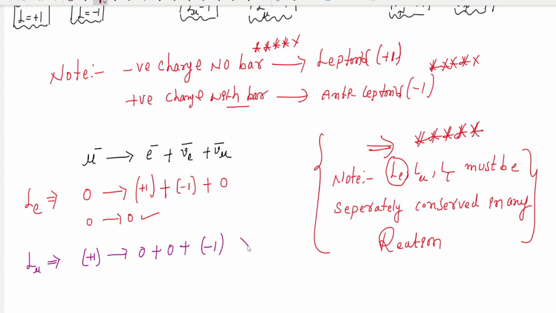Therefore, this is not conserved. This is a very, very, very important issue. It is not conserved. Under what category? This is the lepton category. You need to check this order. Please remember this order, then you can get the correct answer.